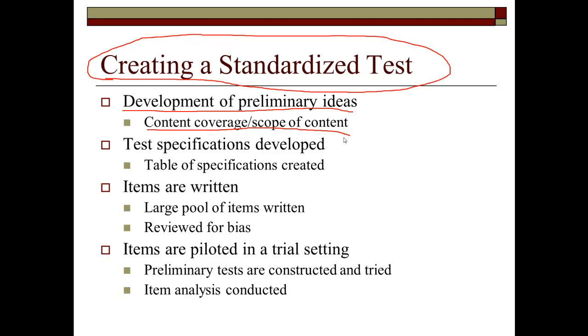It may be just a tremendous amount of content, especially in the case of the California Achievement Test, which covers a lot of areas at the high school and junior high and elementary levels. And so that would be difficult to do because of the broadness of that scope of the content.